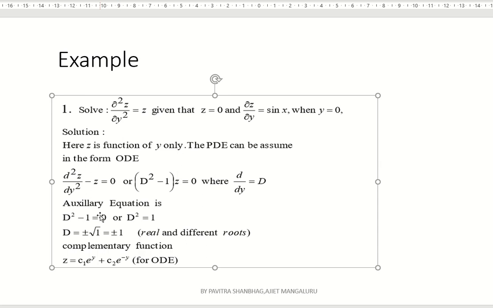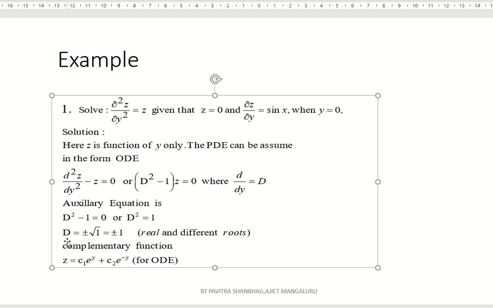Now what is the auxiliary equation? Equate the coefficient of z to 0. Either you can write m square minus 1 equal to 0 or D square minus 1 equal to 0. So D square equal to 1. So what is D? Either plus 1 or minus 1. Or here also you can write D plus 1 into D minus 1 equal to 0. So D equal to plus 1 and D equal to minus 1. So the roots are real and different.